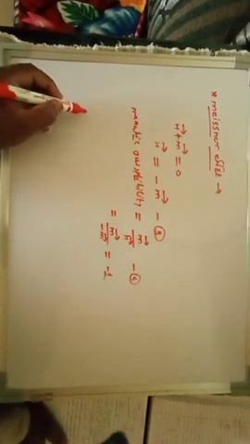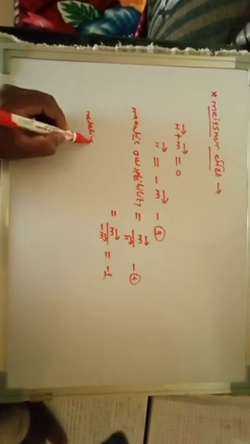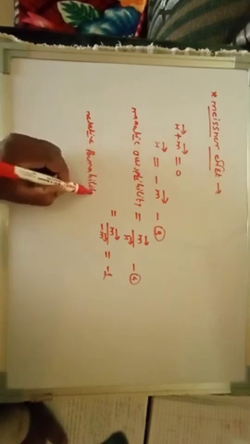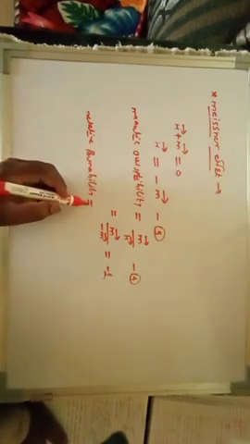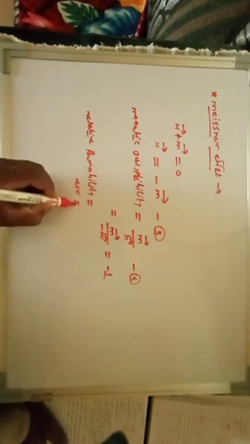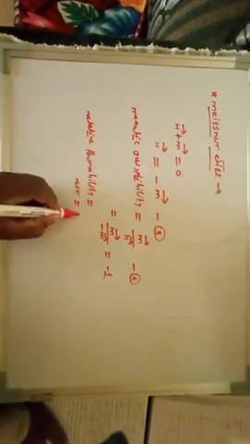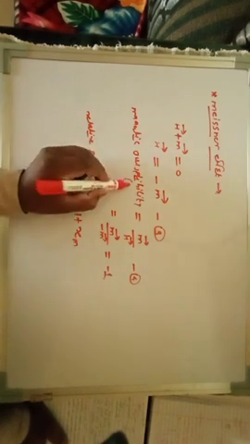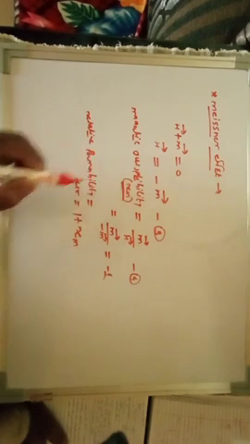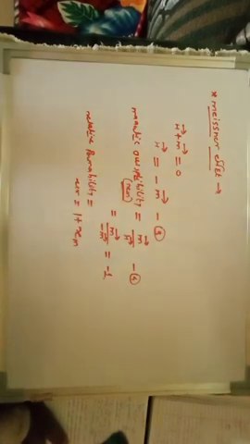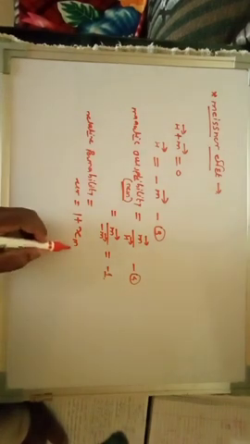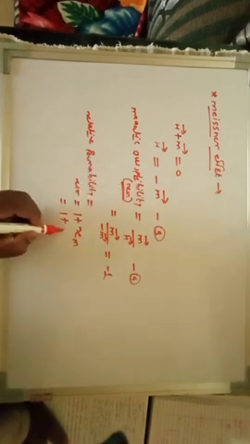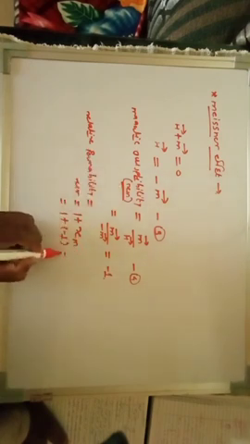Again, consider one more important term, that is relative permeability. Its formula is mu r equals 1 plus psi m, where the magnetic susceptibility is denoted by the symbol psi m. We know the value of psi m is minus 1, so 1 plus minus 1 becomes 0.